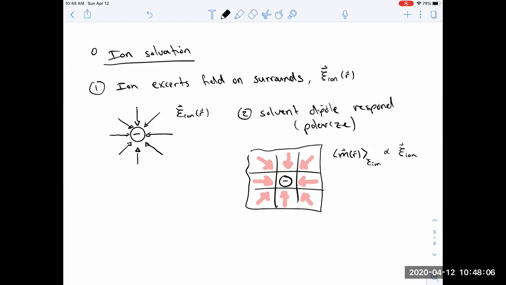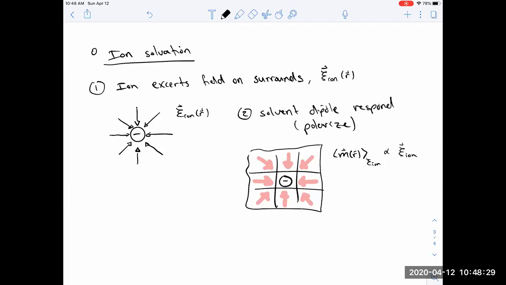That constant of proportionality for an individual cell, we know exactly. If those cells don't interact, that would have been just alpha, the polarizability. But now things are a little bit more complicated. We should expect that if we generate a larger field, the dipoles will align more in response.